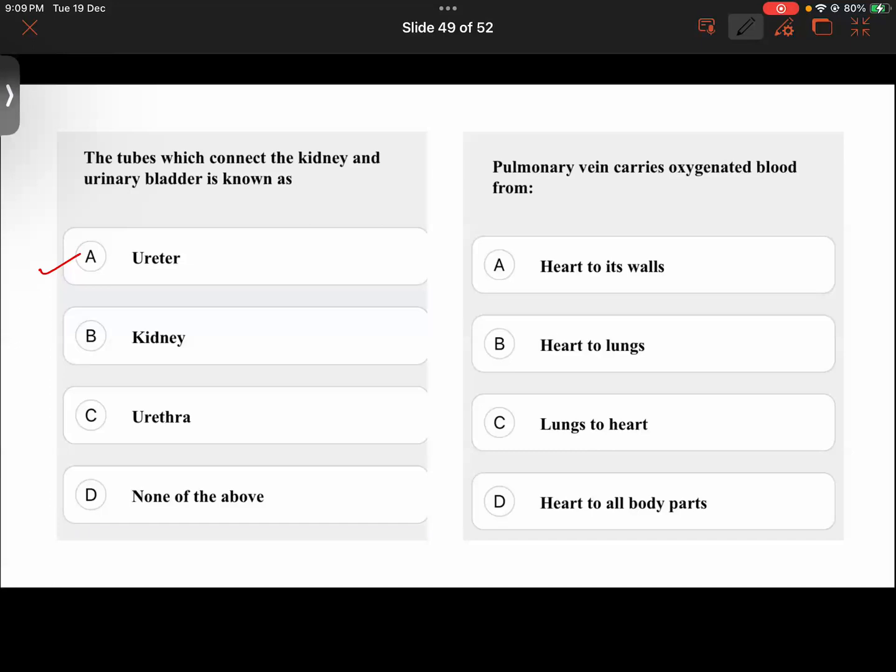So it will be carrying oxygenated blood from the lungs to the heart. Normally we know that veins carry deoxygenated blood, but here it is carrying oxygenated blood. So basically from the lungs to the heart.